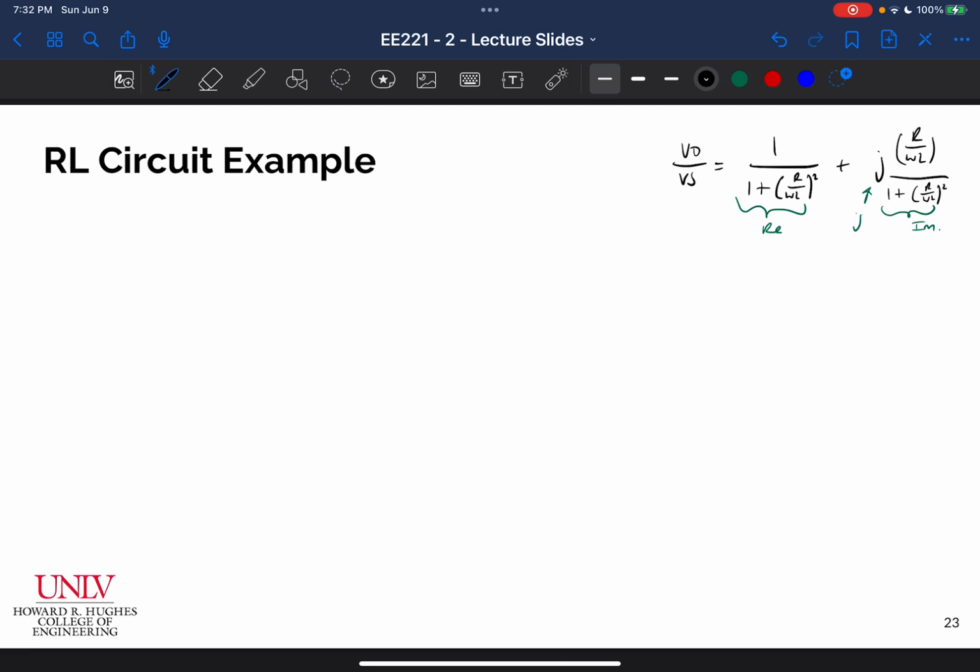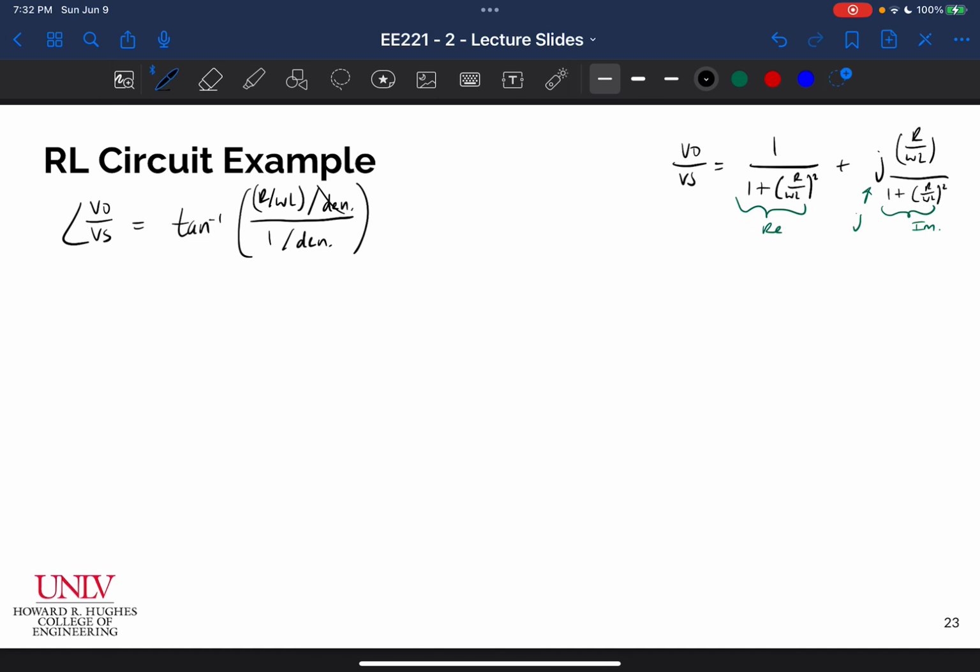And so we know that the phase, or the angle of V out over Vs, is equal to the tan inverse of the real part, which in this case is going to be R over omega L divided by, I'm just going to say denominator. I hope you guys can see that those two denominators are equal. I'm just going to call it the denominator because it cancels, to save us some time.